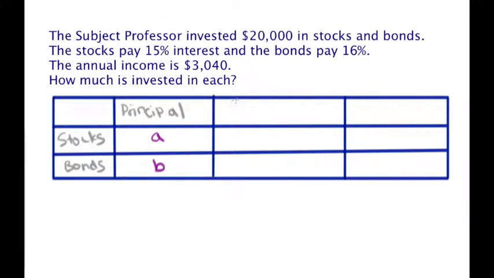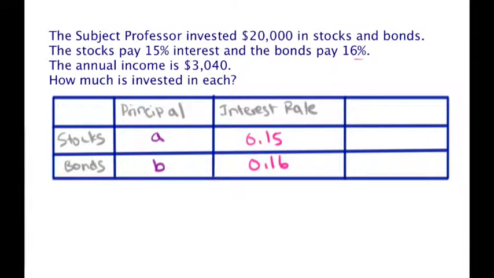And the second column would be the interest rate. And I'm going to write it as decimals because we're going to multiply them in the end, like we did with the coin problem, and we need to use decimals. So the interest rate for the stocks is 15%, which is 0.15, and the interest rate for the bonds is 0.16, because 16%.